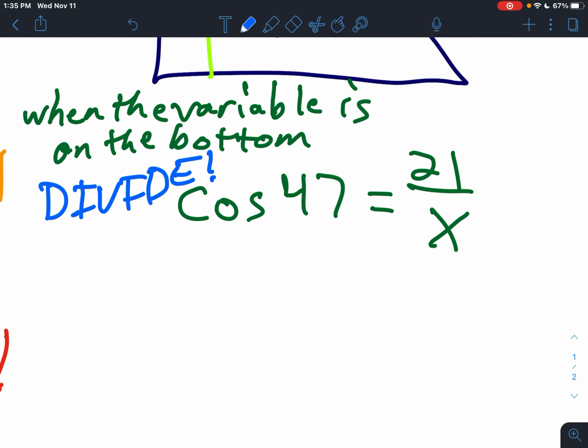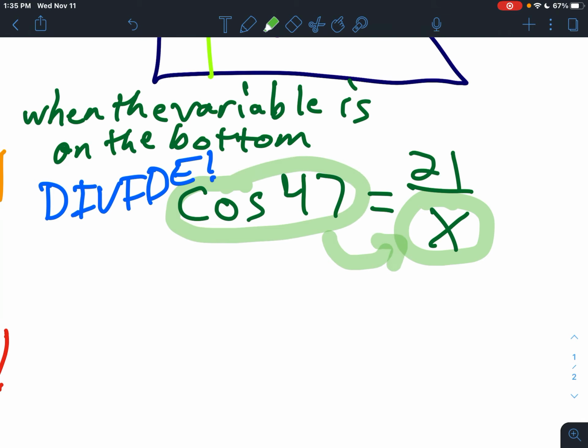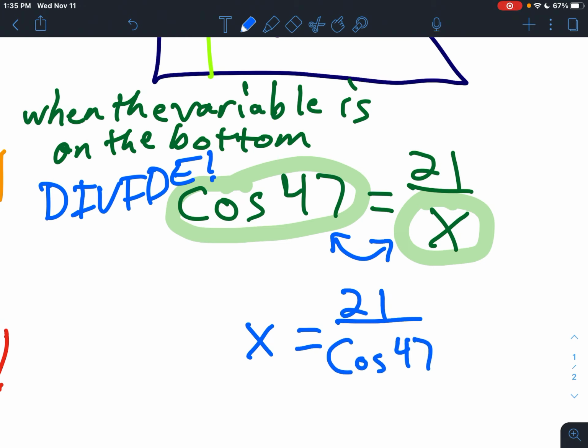You're essentially switching this and this. You're switching places. All right. So keeping that 21 on top, I have x now in the left spot equals 21 over cosine of 47. And then you plug this in the calculator, and you get your answer.